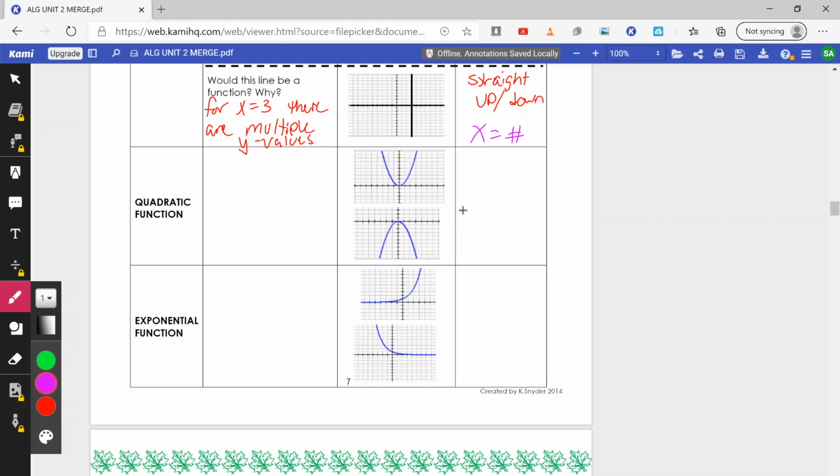Now, the next type of function we see is a quadratic function. And again, for a quadratic function, we have f of x, since it's a function, and it is x squared. So that's the parent function. The most common way that we see it is something times x squared plus something else times x plus a third number. So ax squared plus bx plus c. A, b, and c are just numbers that happen to be within the equation.